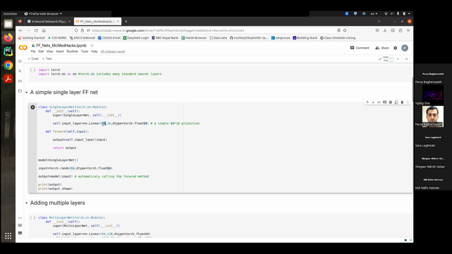This is totally arbitrary. These are the values that I chose, but you can change these values. It doesn't matter. Depending on your problem, depending on what is the number of inputs and outputs and what are the number of classes, you should change these values. So I'm assuming that I have 64 inputs and 10 outputs.